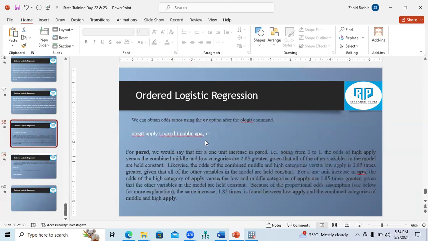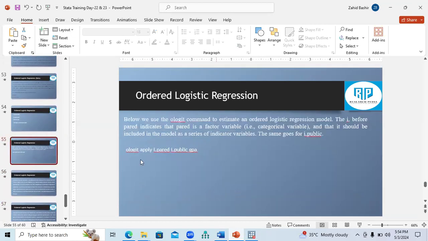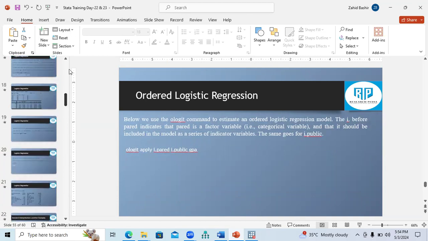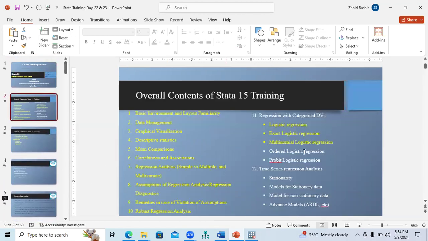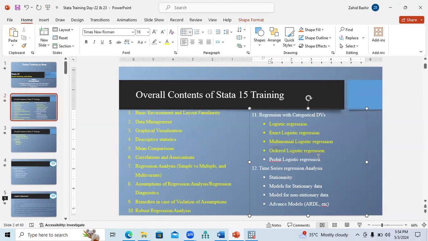So the odds ratio is the main command, and the ordered logistic model is the main command that is used for ordered logistic. So today we have discussed ordered logistic. The remaining is probit logistic, which we will cover in the next session, probably on Monday.